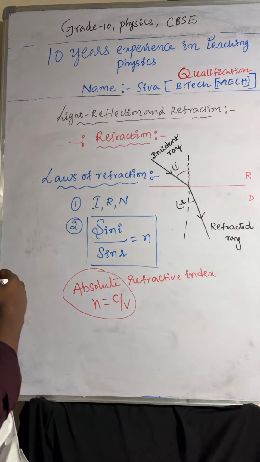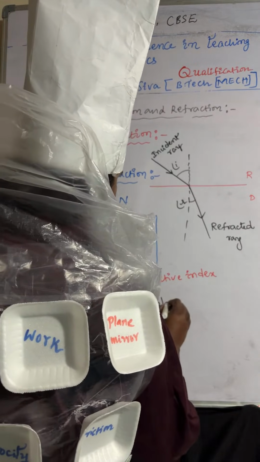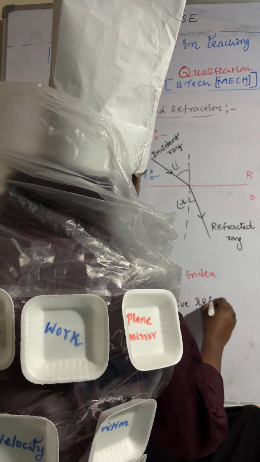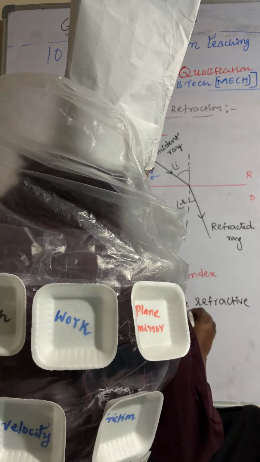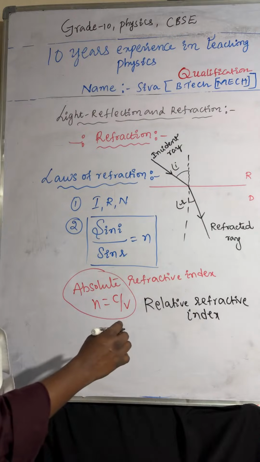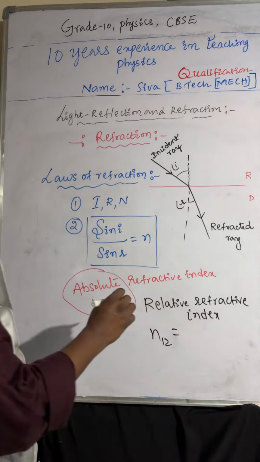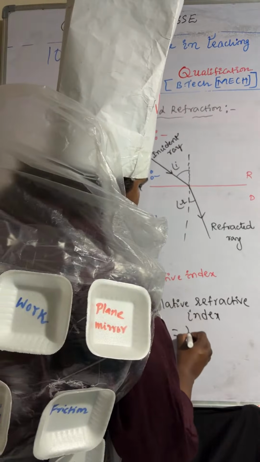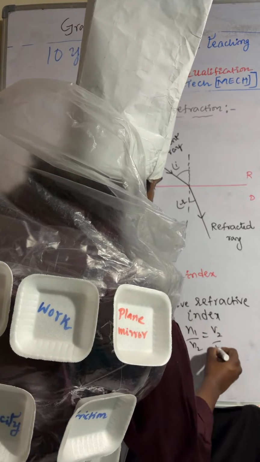Next one, relative refractive index, that is nothing but n12. If you are taking n12, we can write n1 by n2, that is nothing but v2 by v1.